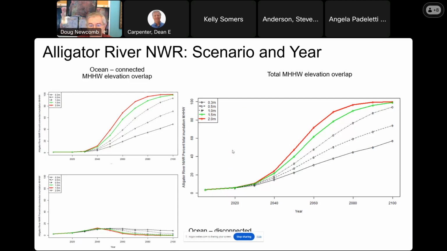For Alligator River, under the 2 meter, it'll pretty much be 100% by 2100. But if you look down at the 0.3 of a meter, it's still going to be a little over half of the refuge at 2100. And this is the ocean connected, and then the disconnected, and then it's combined. The rest of these should be just combined.